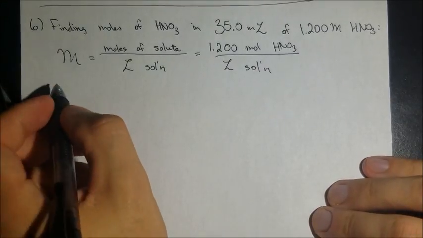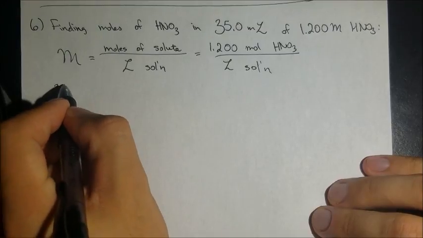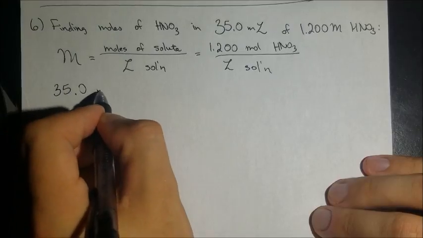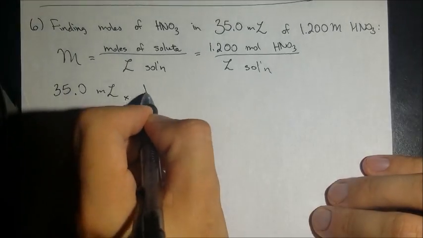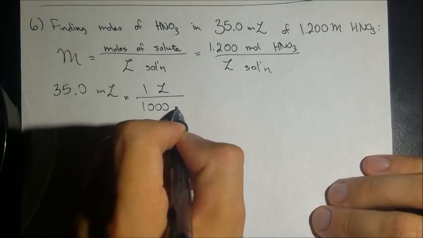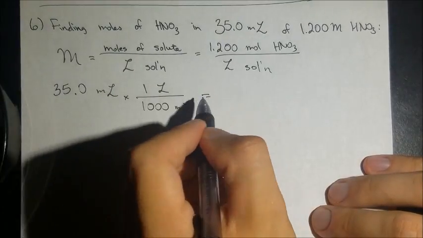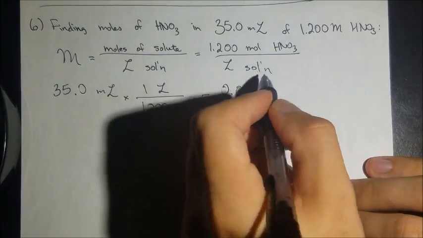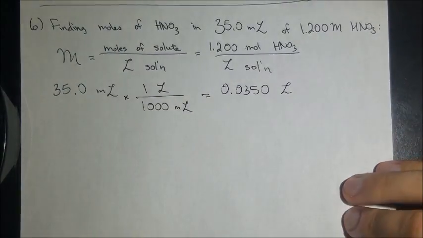So I would hope that you remember the unit conversion from milliliters into liters. If I have 35.0 milliliters, then converting that to liters, I find that I have 0.0350 liters of solution.